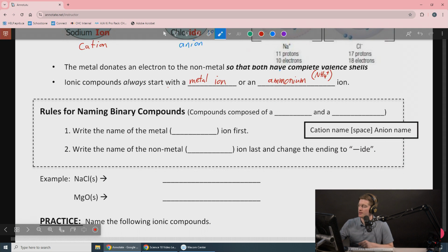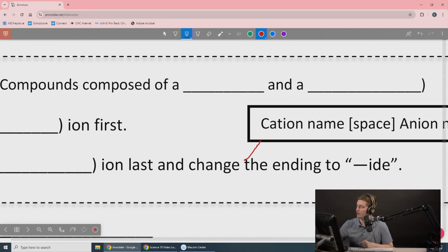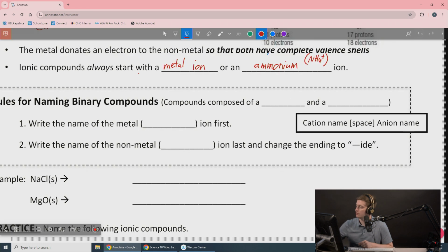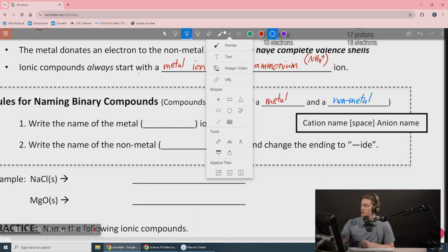We're going to start with binary compounds. These are going to be compounds composed of a metal and a non-metal. This is a metal cation and a non-metal. Binary means 2.